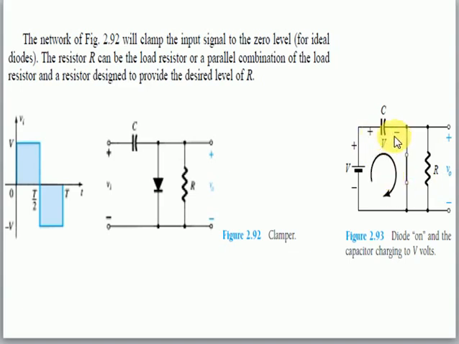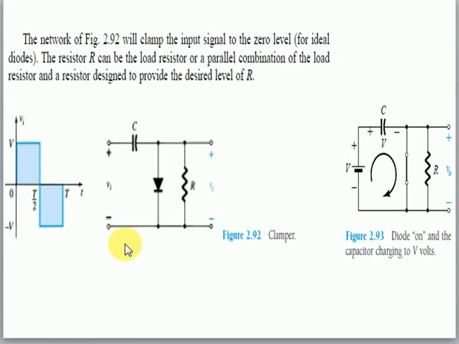Now we have a short circuit here and a loop here. We are considering this loop. By simply applying KVL, we will get the value of Vc. Applying KVL, we get minus V plus V plus Vd equal to 0, where Vd is equal to 0, and the whole value will be equal to 0.